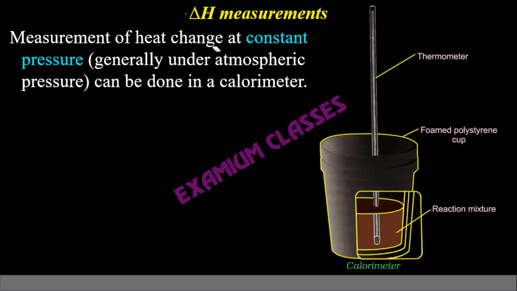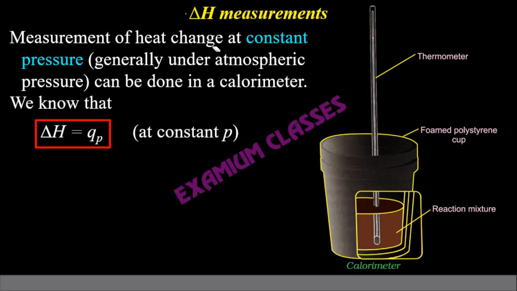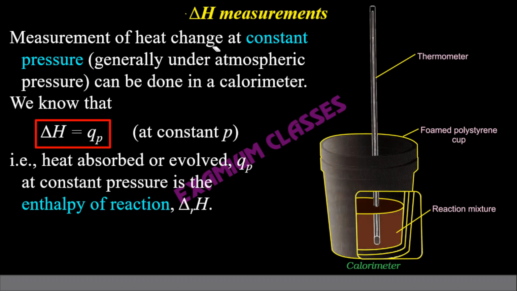It is a measurement of heat change at constant pressure, generally under atmospheric pressure, because normally when you do reactions in a test tube, it is 1 atmospheric pressure. So pressure is constant, right? In that case, it is done in a calorimeter. So we know that delta H is equal to QP, meaning whatever heat is transferred will be the change in enthalpy. So heat absorbed or evolved at constant pressure, QP, is the enthalpy of the reaction.